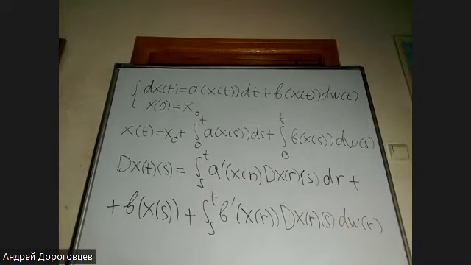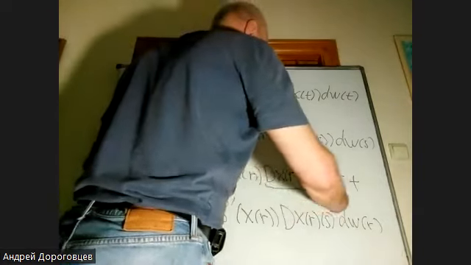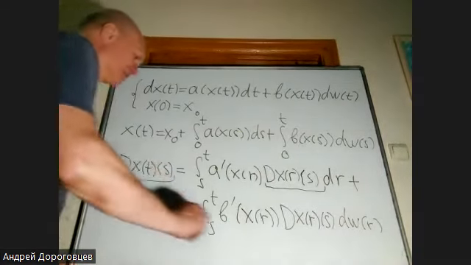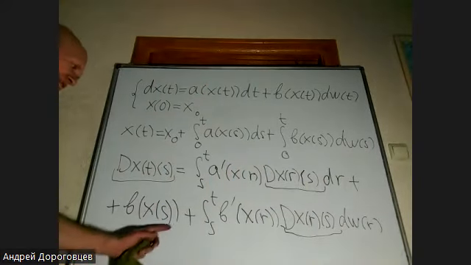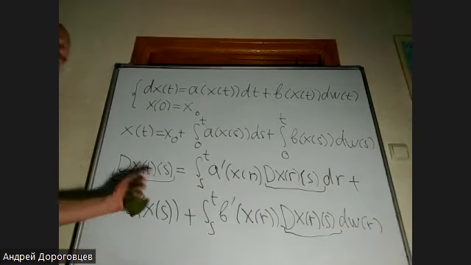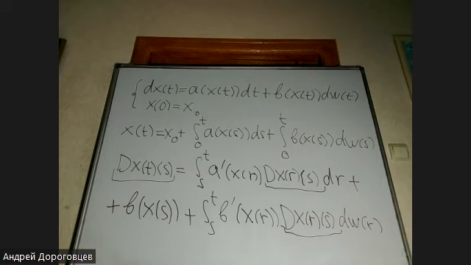So we have the following equation for the stochastic derivative, and it can be seen that this equation is a linear equation with respect to the unknown function, starting from bxs when t is equal to s. From this point of view, it looks like we have a good solution, and moreover, this solution is the stochastic exponent.